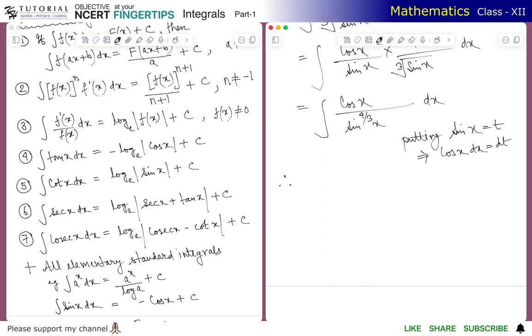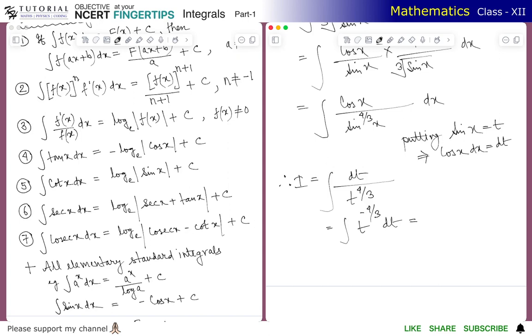Therefore, the integral becomes dt by t to the power 4 by 3. This is t to the power minus 4 by 3 dt.